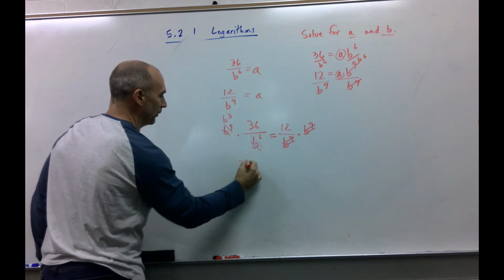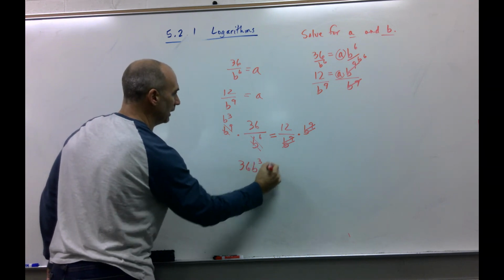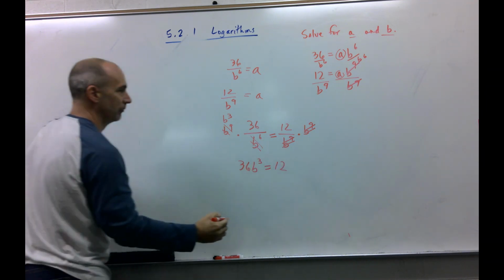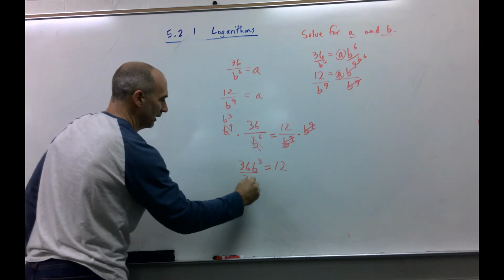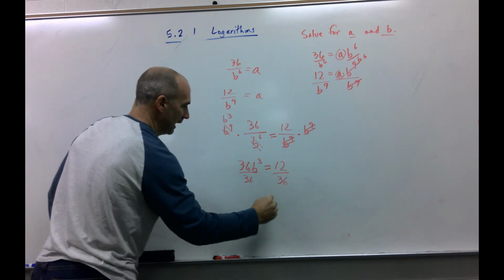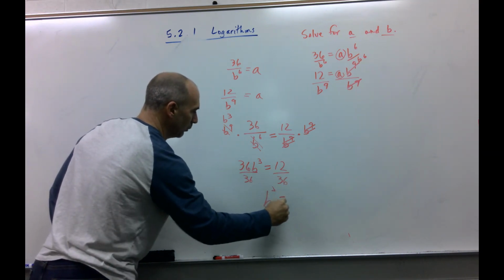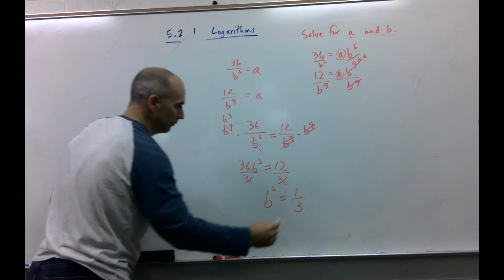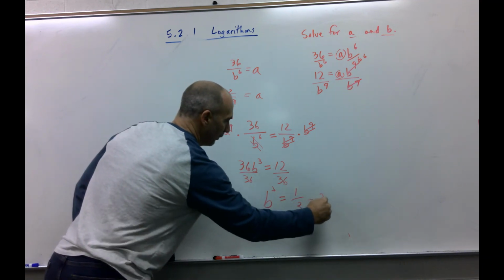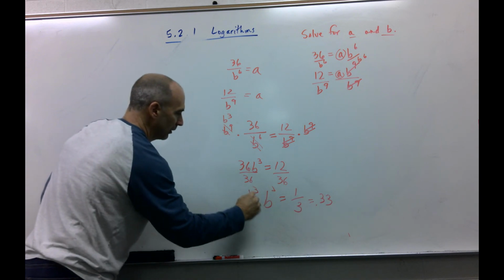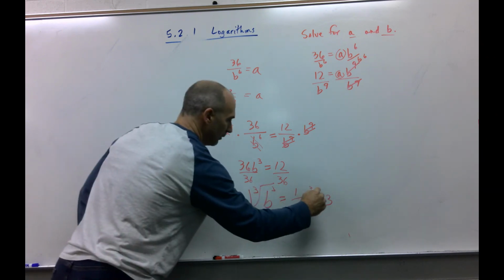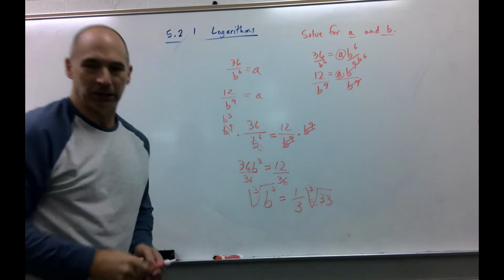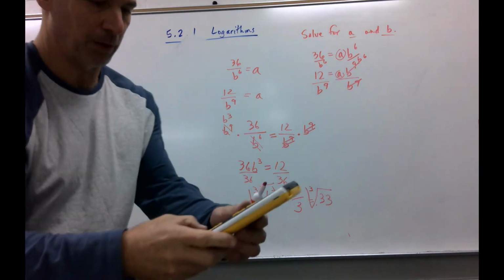So I get 36B cubed equals 12. So then I divide by 36, divide by 36, and I get B cubed equals 1/3. That's the same thing as 0.33. So I'm going to take the cubic root of this, and I'm going to take the cubic root of 0.33, which is just a strange problem to do.